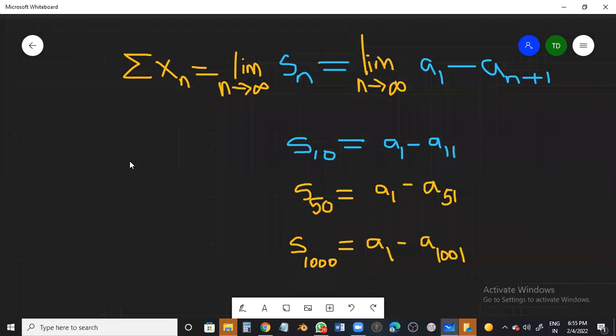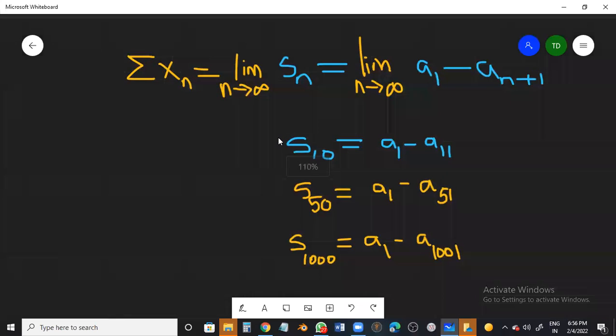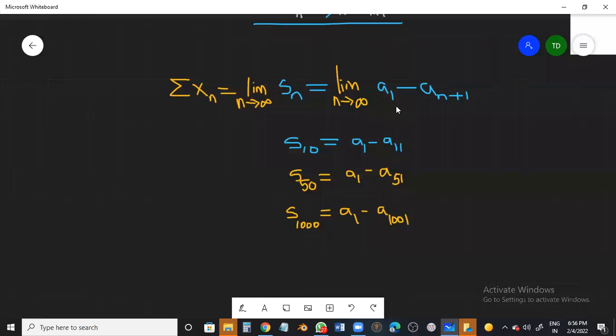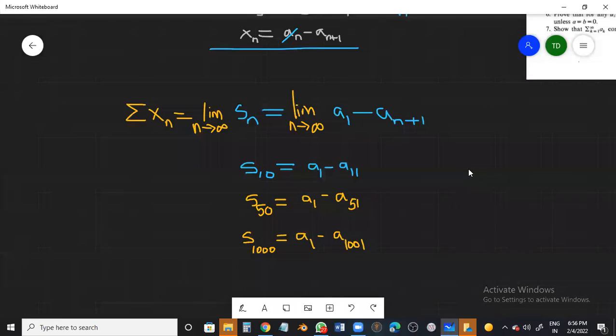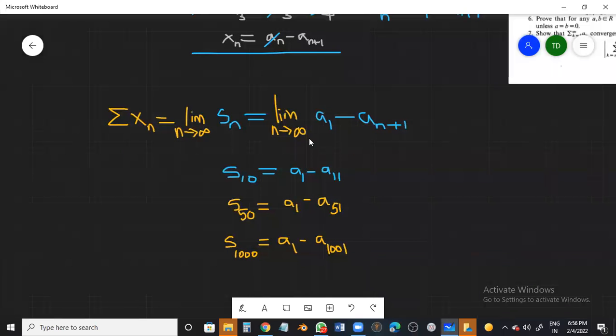Summation Xn means the limit of partial sums, and the partial sum is A1 minus An plus 1. The limit will not run on A1, because A1 is fixed, there is no n there. So the limit runs only on the n plus 1th term.